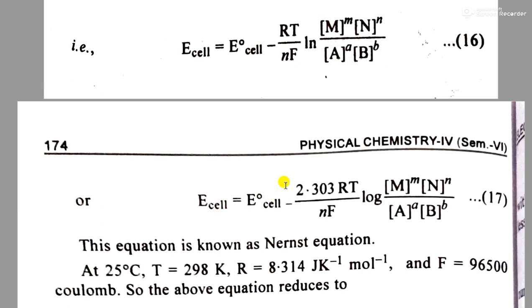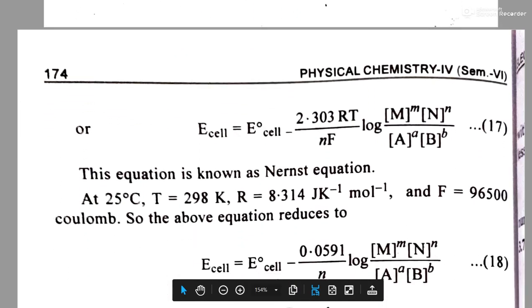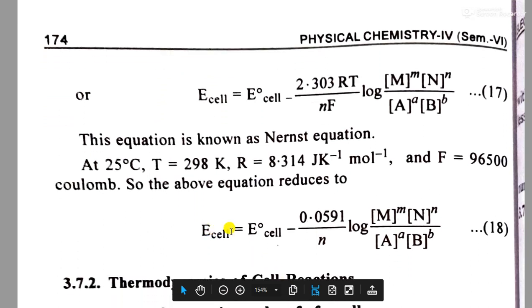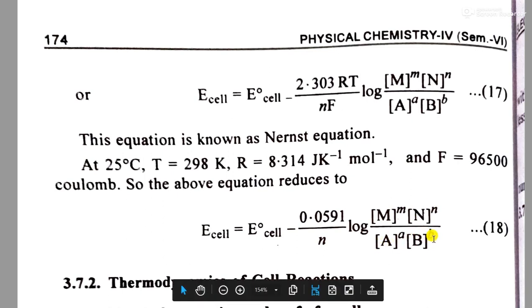Suppose if the E of a cell has to be determined under the standard condition at 25 degrees Celsius, then we can substitute the value of temperature and R, that is the universal gas constant, in this equation. Subsequently, the equation will become as follows: E of a cell is equal to E0 of a cell minus 0.0591 by n log M raised to m into N raised to n divided by A raised to a into B raised to b.